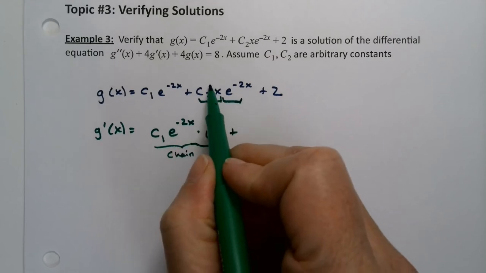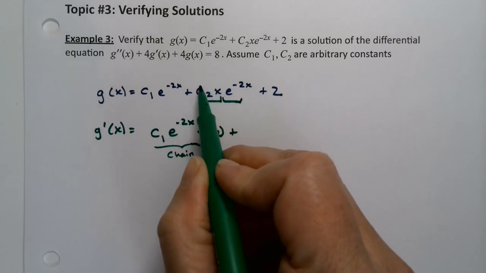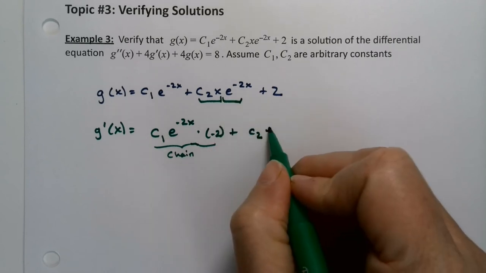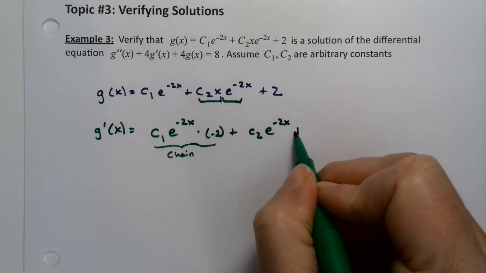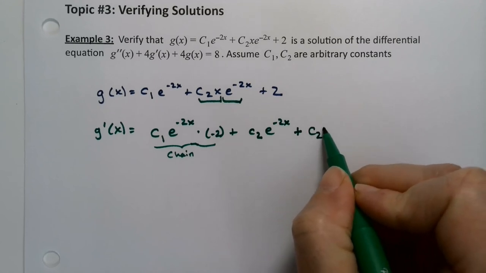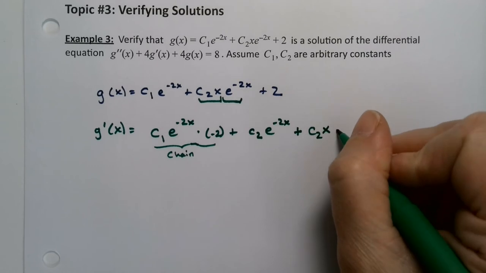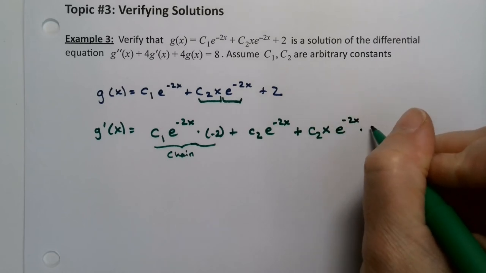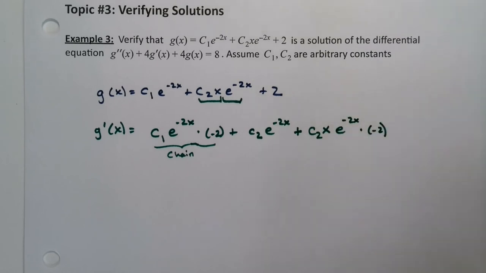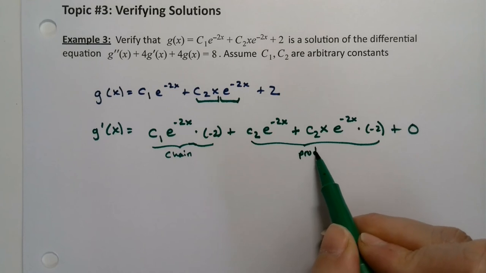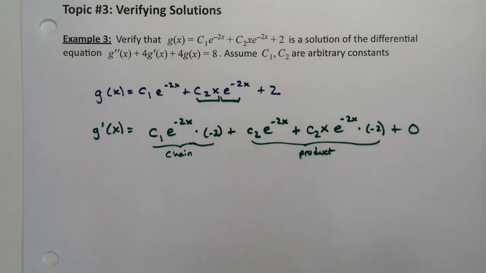So we start off by taking the derivative of c2 times x, which is just c2. And we multiply it by e to the negative 2x plus, now we leave c2x alone. We take the derivative of e to the negative 2x, which is e to the negative 2x times negative 2. And then, of course, the derivative of 2 is 0. So this piece involved product rule as well as chain rule, actually, in the back portion.